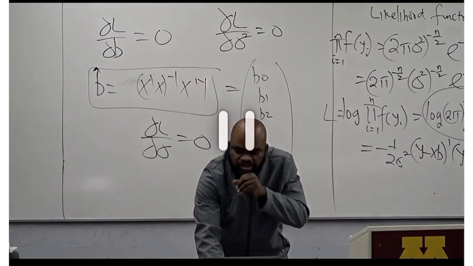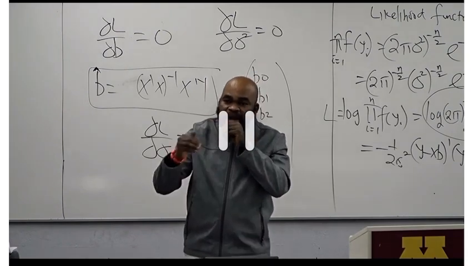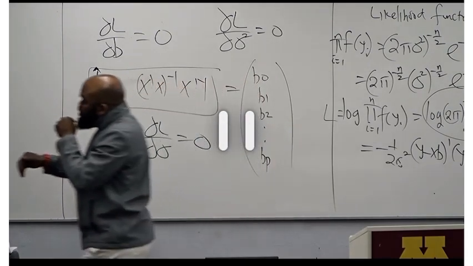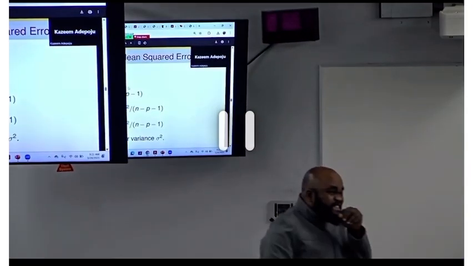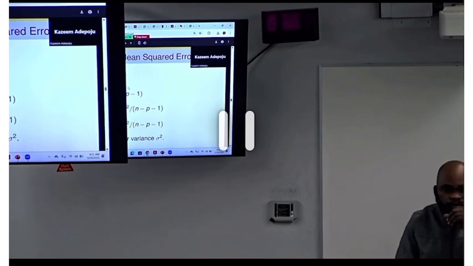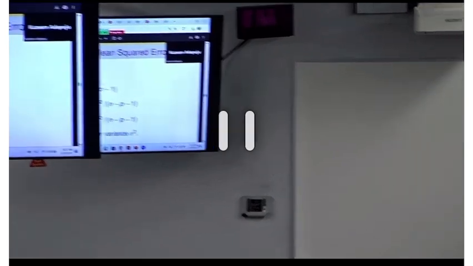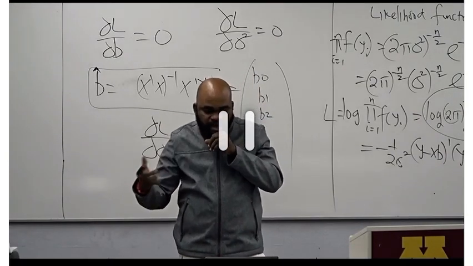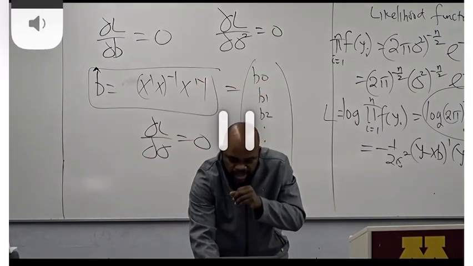When I take the sum of square error and divide by n minus p minus 1, which is the degree of freedom for error, I get another estimate of error variance. So there are two error variances.